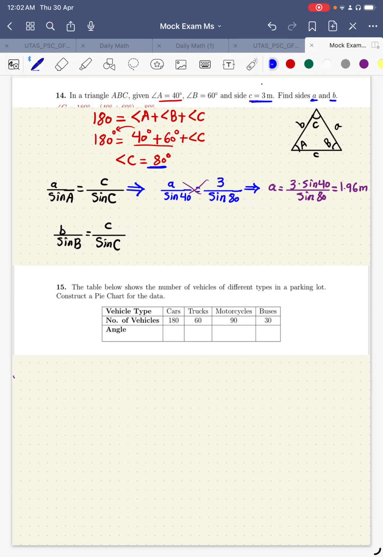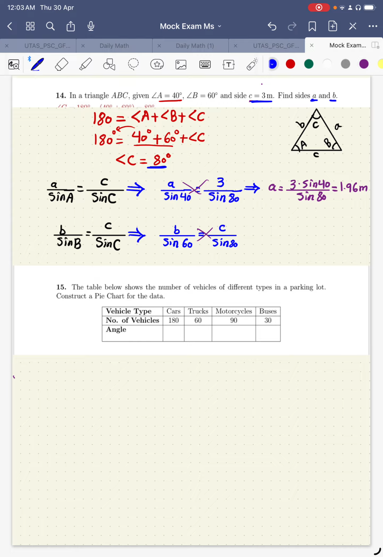Now let's do the second one to find small b. First, we write b because we would like to find it. Divided by sine of capital B, which is given to be 60, equals small c divided by sine of capital C, which is 80. Again, cross multiplication.